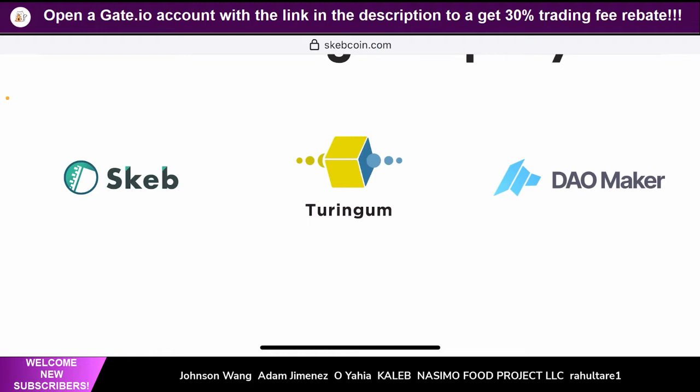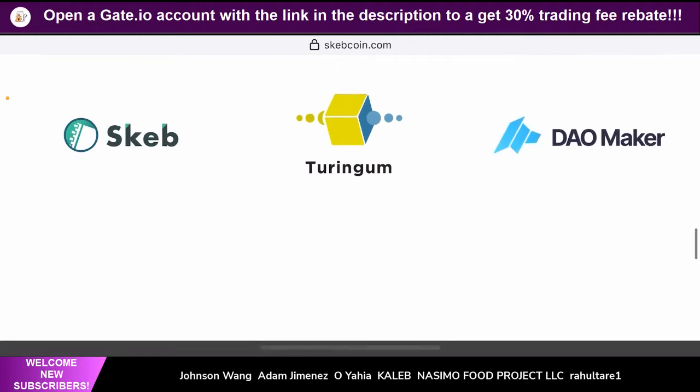Turingum is also not a well-known name, but DAO Maker, clearly they are a well-known name in the Western world because of their popular IDO platform and their strongholder offerings, where they offer high-quality projects that meet venture capitalist level, but in reality they're actually providing high quality projects to consumers directly to raise funds, right? So DAO Maker is a very powerful name, and it's good to see their name here, right?